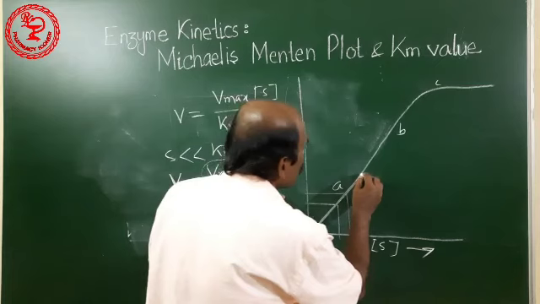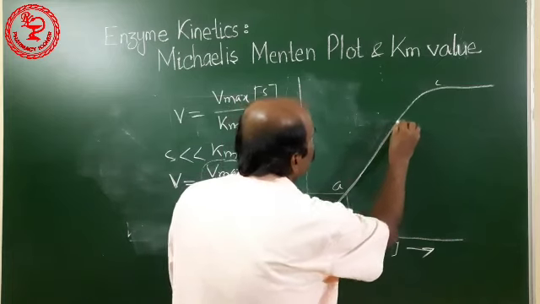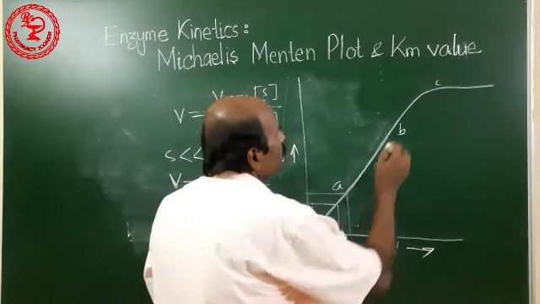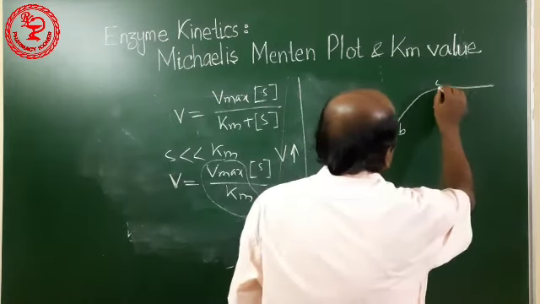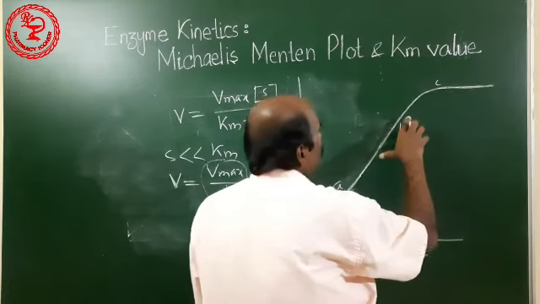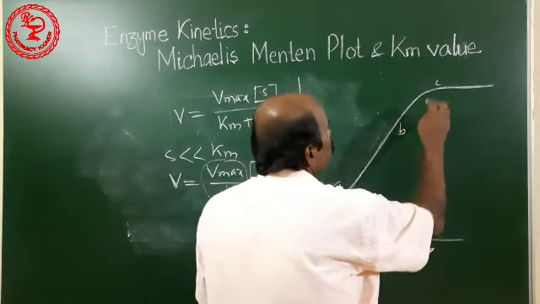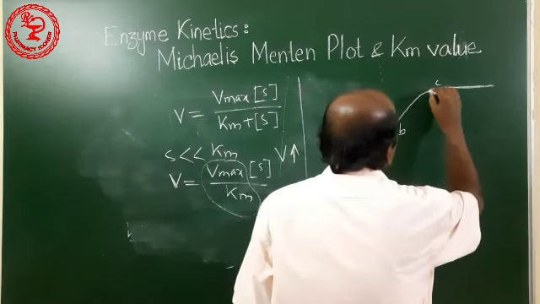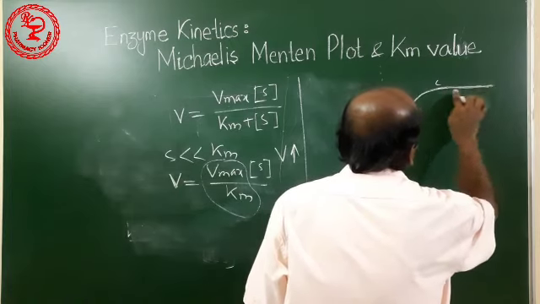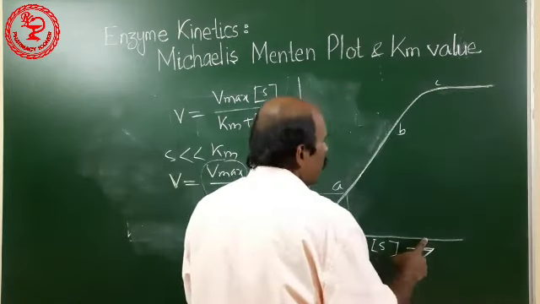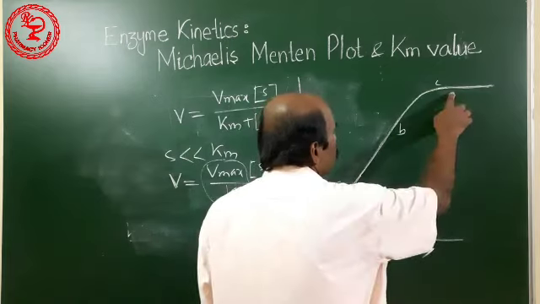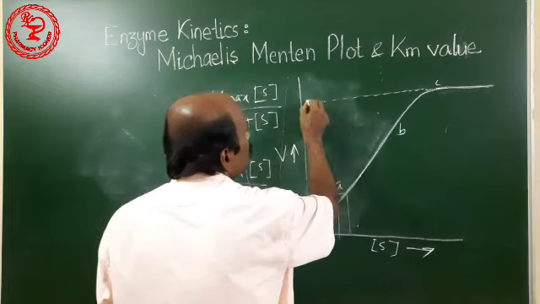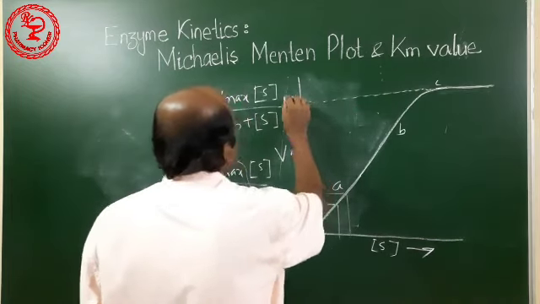After that, the graph is a hyperbola. Next, at point C, after the B region, the curve reaches the plateau. That means it will be a straight line, parallel to the x-axis. This point is called the Vmax.